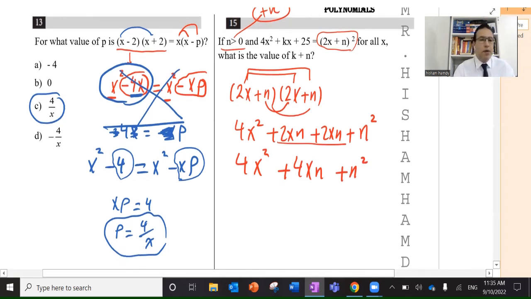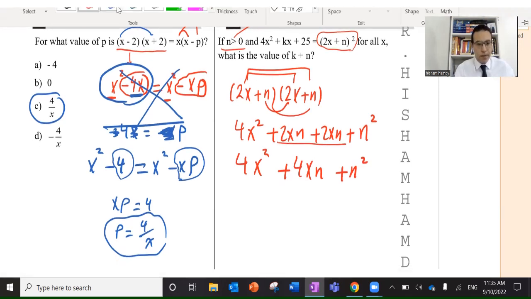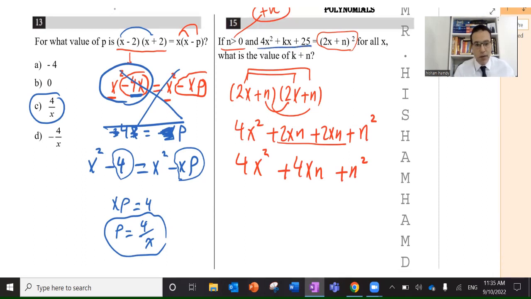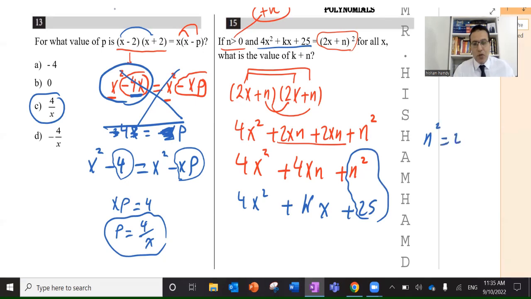Let's compare between this one and that one, 4x squared plus kx plus 25. So it's clear for us that n squared is equal to 25. I'm supposed to say that n is equal to positive and negative root of 25, but I'm going to take only the positive value. So n is 5.